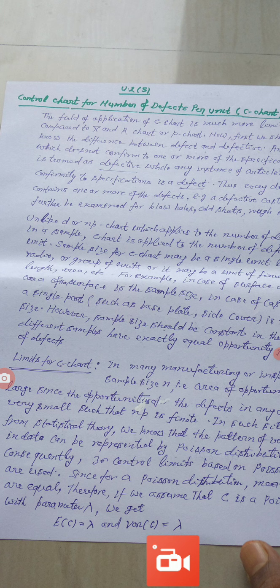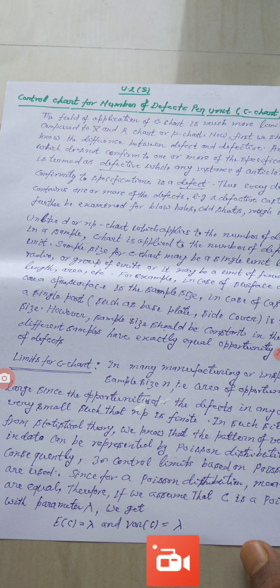And three sigma control limits based on the Poisson distribution are used, since for a Poisson distribution, mean and variance are equal.